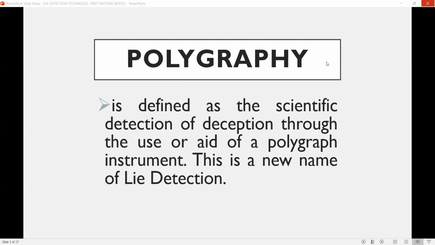Again, forensic psychophysiology. Psycho means mind and physiology means body. So when a normal person will resort to deception, of course, it will result to what? Change in blood pressure, change in respiration, and also sweating in the hands, which cause galvanic skin resistance or reflex.